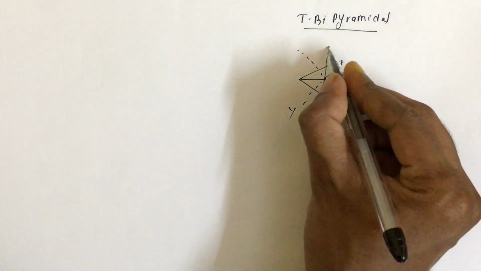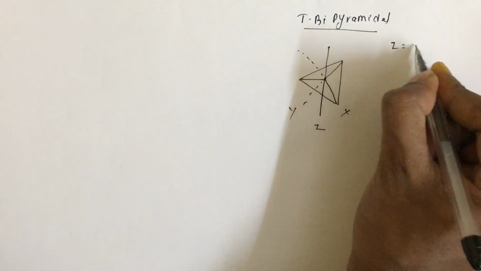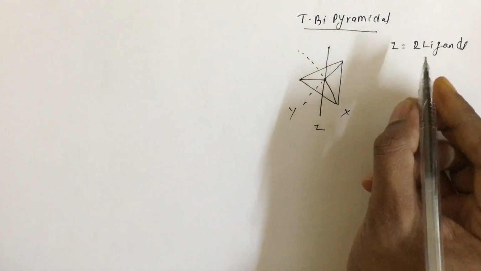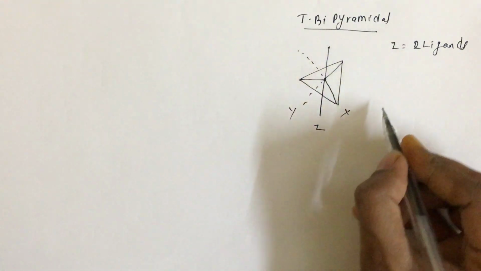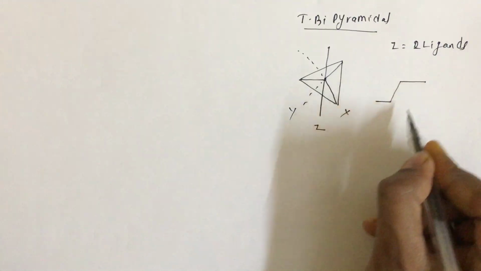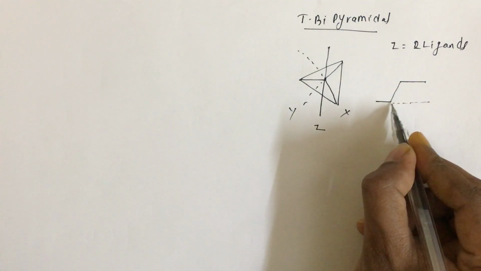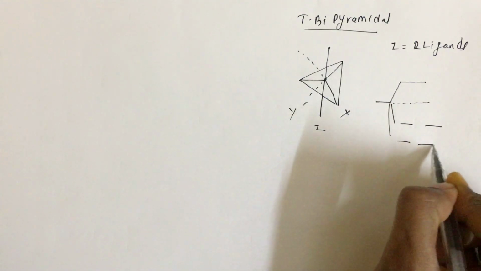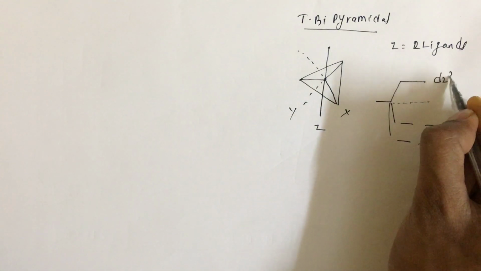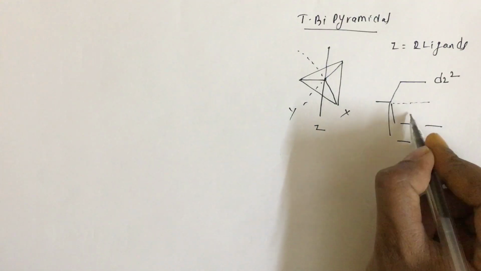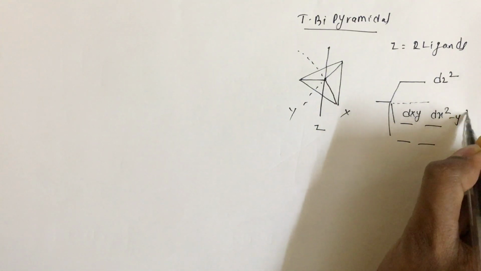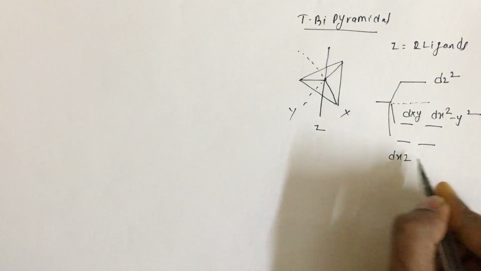Now see, along the z-axis two ligands are there. So now the energy will be like this. This is the energy barrier. This is dz square and this is dxy, dx square minus y square, dxz, dyz.